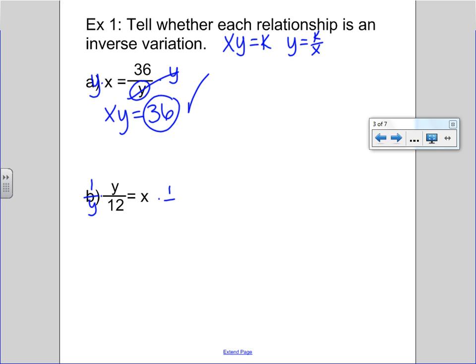Same thing over here. Cancels. I'm left with 1 over 12 equals x over y, because this is x over 1 times 1 over y. I have x and y on the same side. They're not being multiplied though, they're being divided. So that means that this is not inverse variation. Okay?